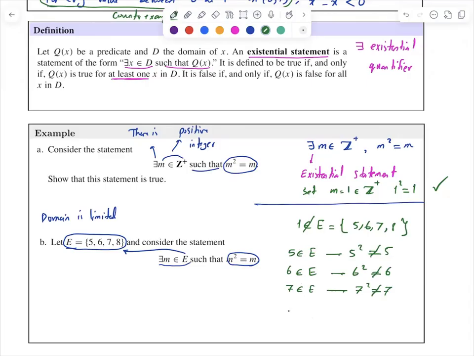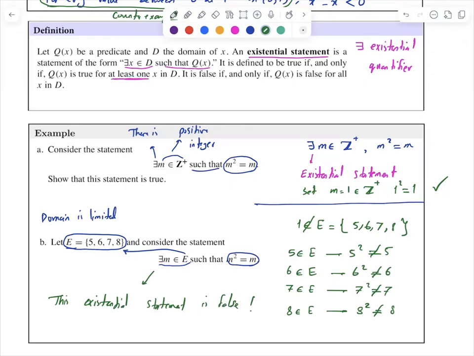And the last element is 8. 8 is in the domain, but 8 squared is not equal to 8. So what's the meaning of that? It means that this existential statement is false.